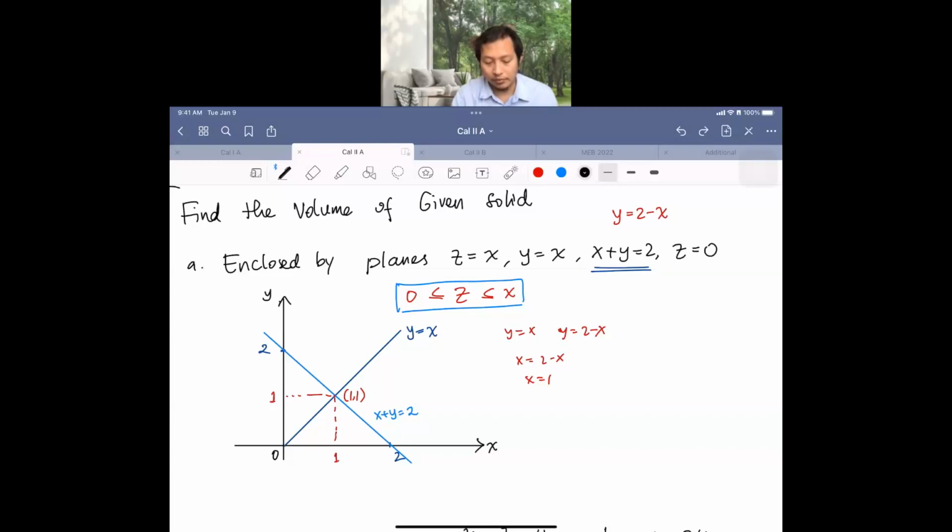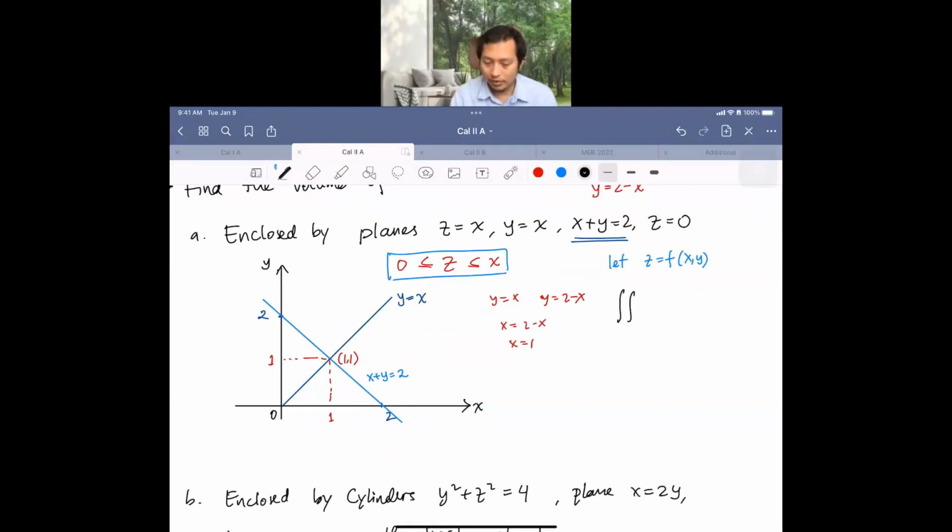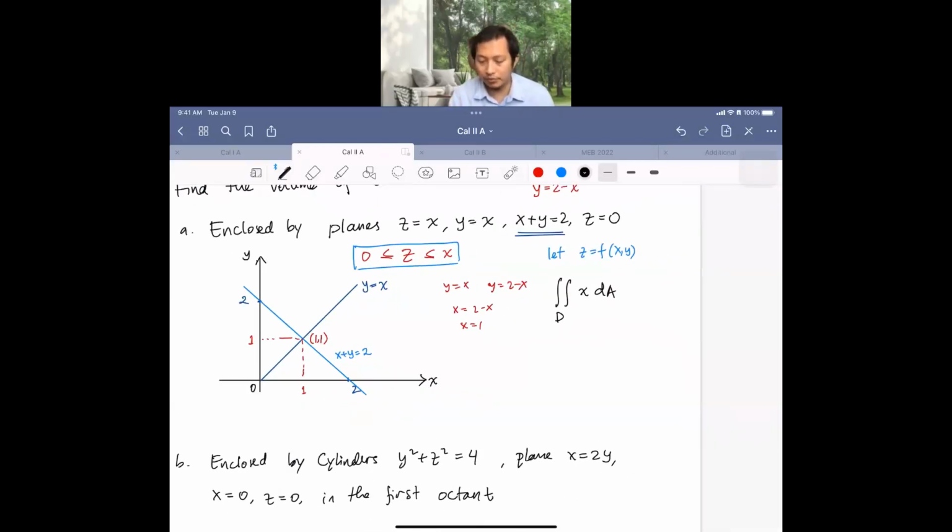So we have z equals 0 and then z equal x at the upper side. If we let z be a function of x, y, then the double integral over D of z, now because z is equal x, is x dA. This is the first step that we can write.